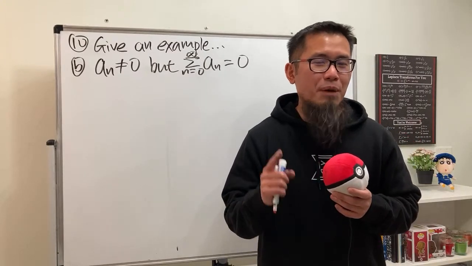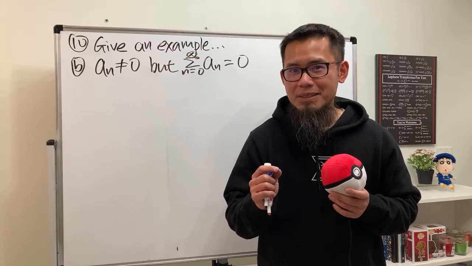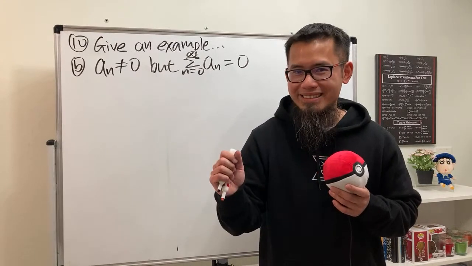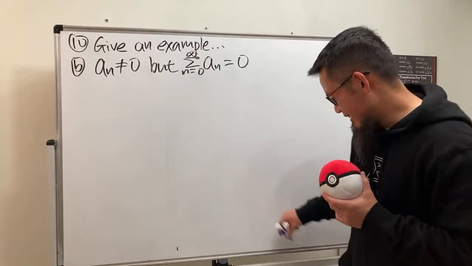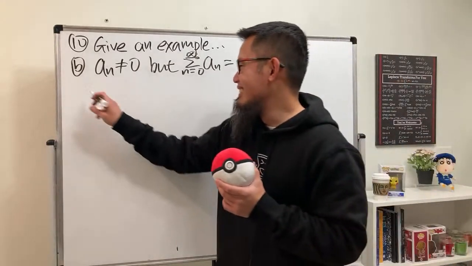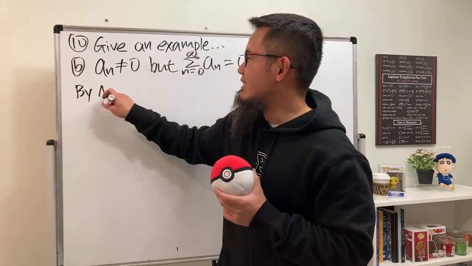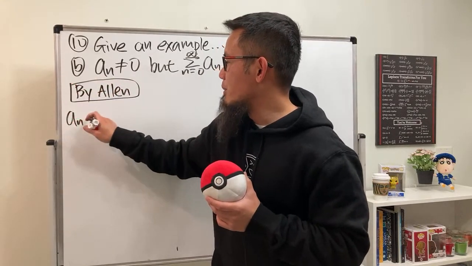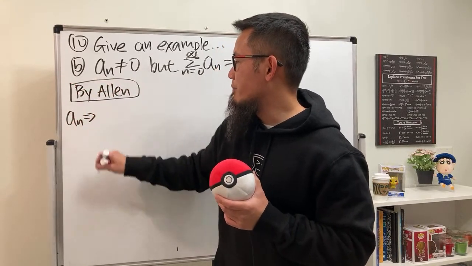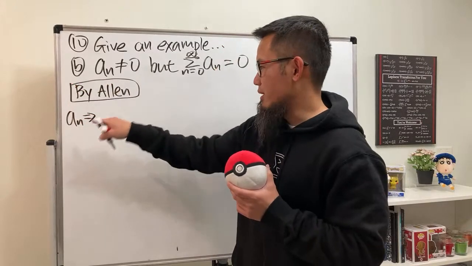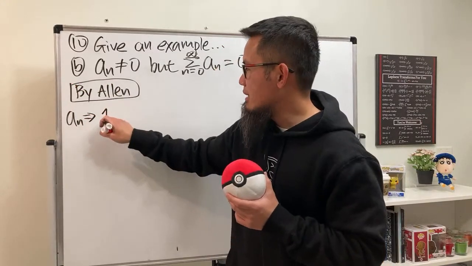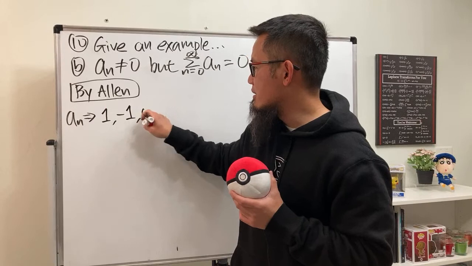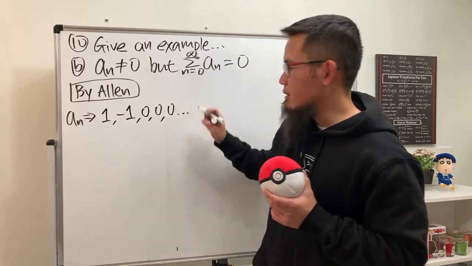Okay, I will take that for the answer, but you will have to write a formula for that. If you guys saw what Alan did earlier, this is by Alan. He pretty much just took an to be, well, it's not an equal sign, I'll just put an arrow, 1, and then -1, and then 0, 0, 0.